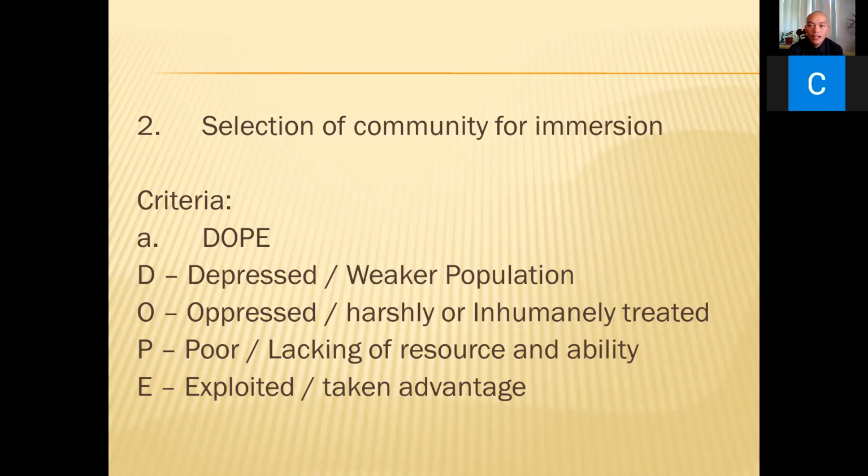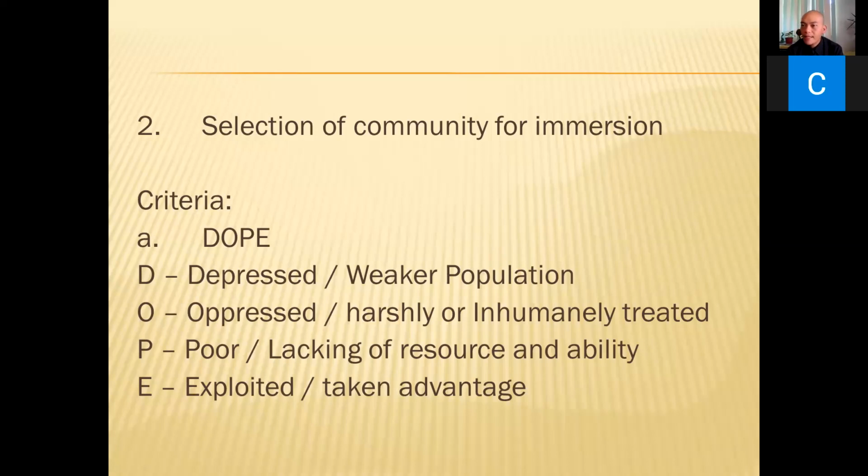And we have here the DOPE acronym. The DOPE acronym will further help us understand and choose what community we can target for our immersion. So when we talk about DOPE, letter D means depressed or the weaker population. This means they are the poorest of the poor.